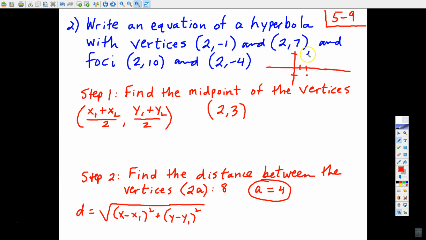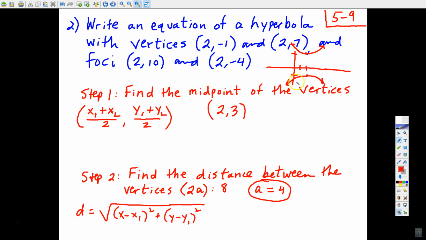If those are vertices, vertices are the points through which my branches actually cross. So that means I must have two branches that open up and down, and the foci would be inside those two branches.